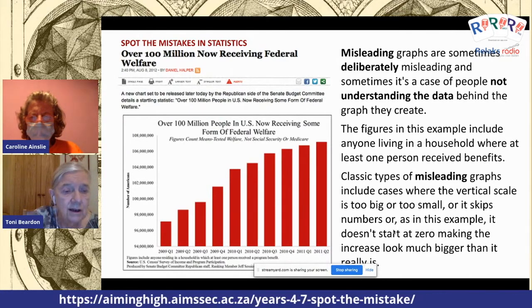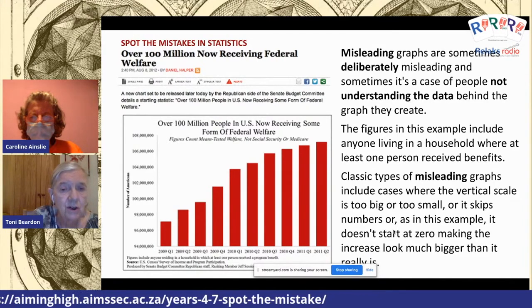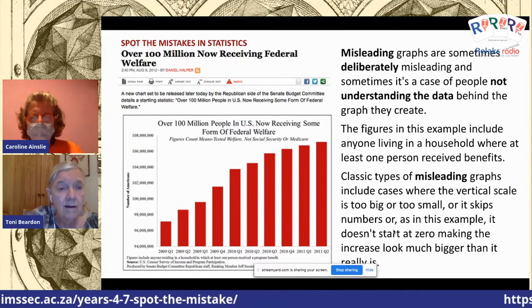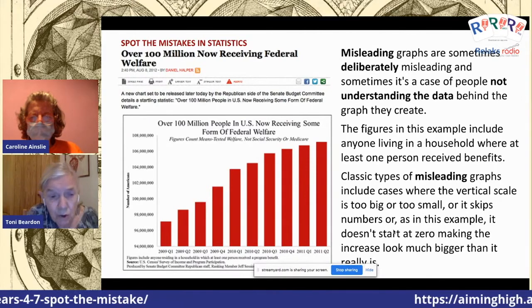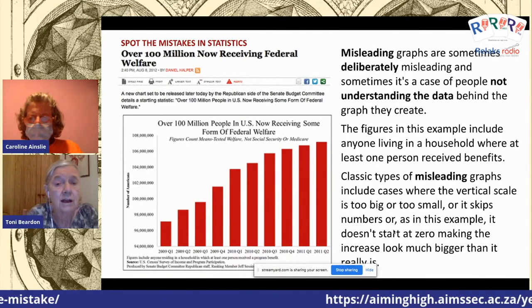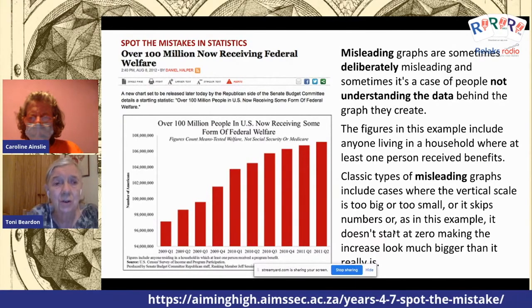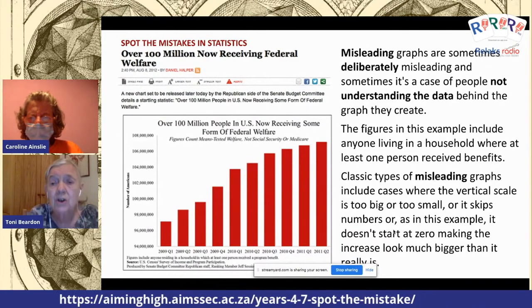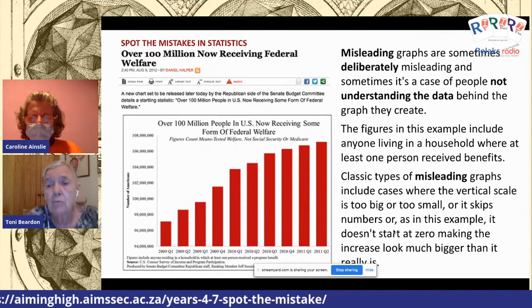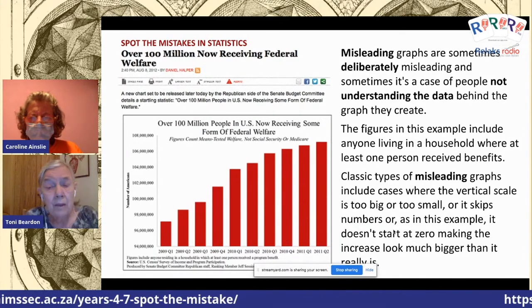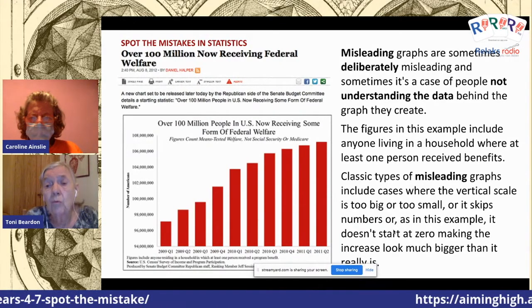By starting at 94,000 instead of zero, it's a choice of scale on the axis, really. If you choose that sort of scale, it exaggerates the change. And if you want to exaggerate the change, you can easily produce a misleading graph, and most people will be fooled.